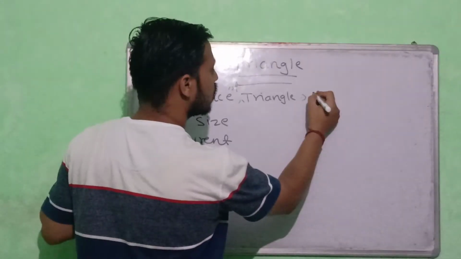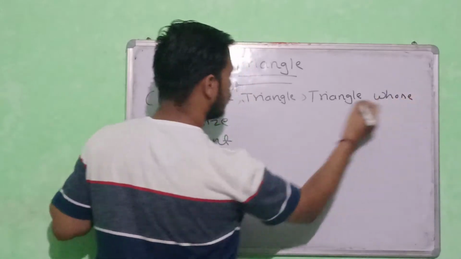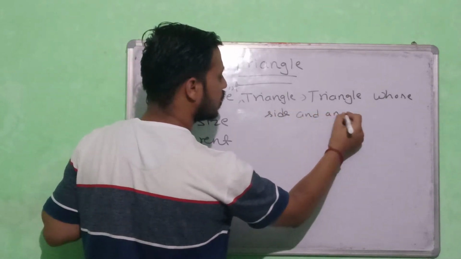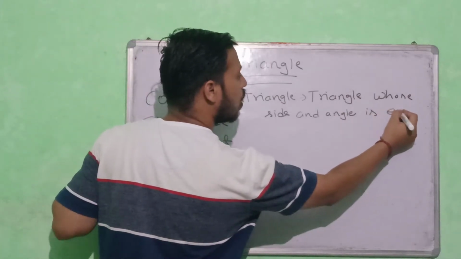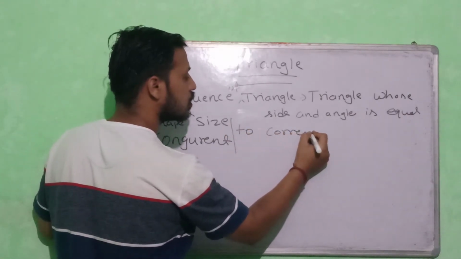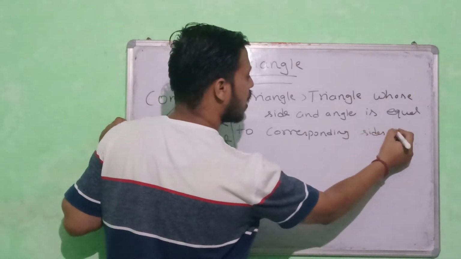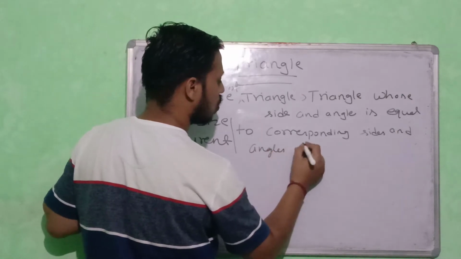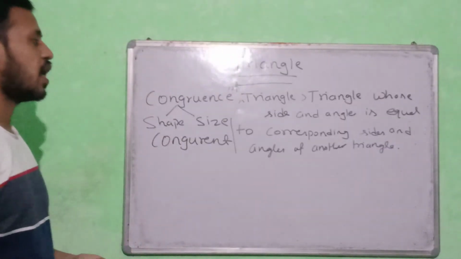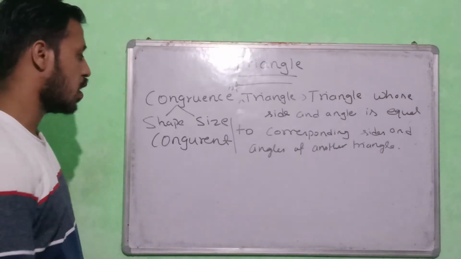Triangle whose sides and angles are equal to corresponding sides and angles of another triangle, then we can say that those triangles are congruent to each other.